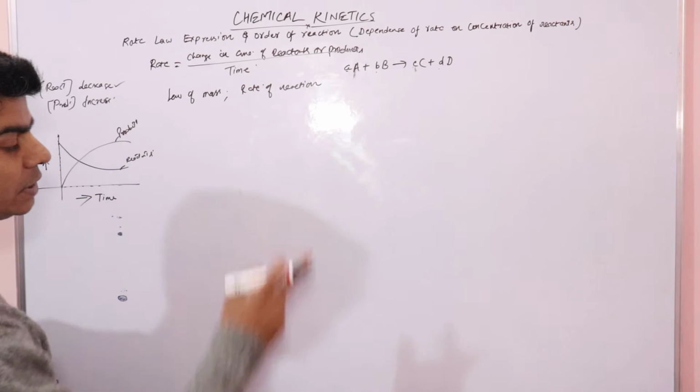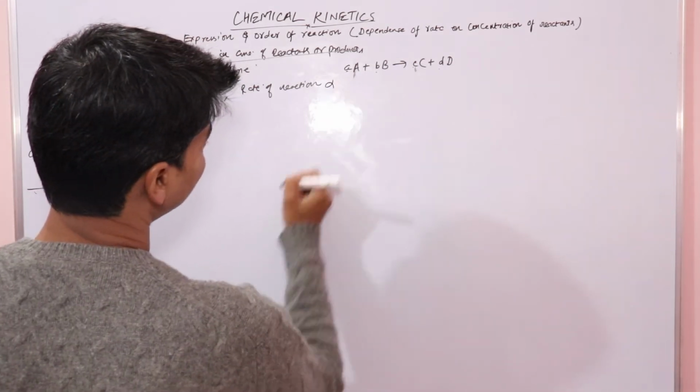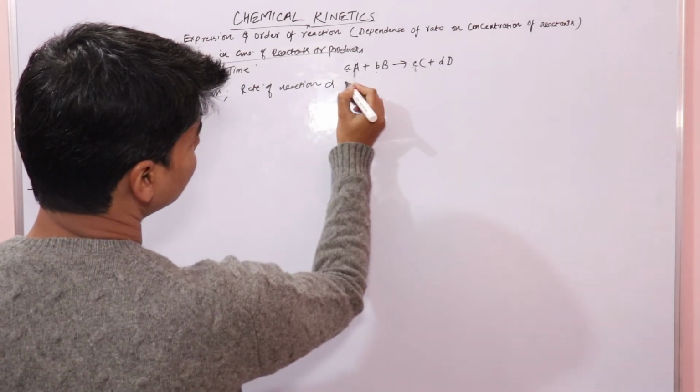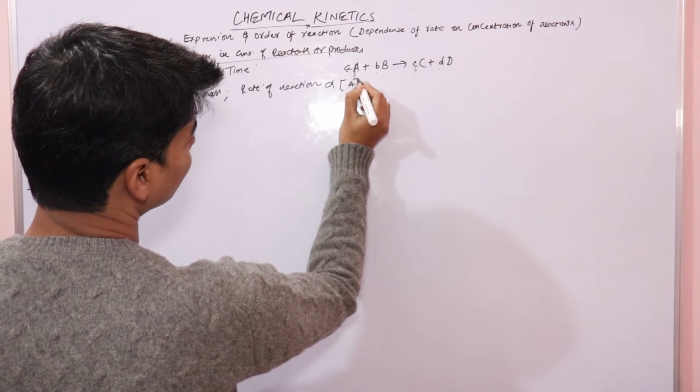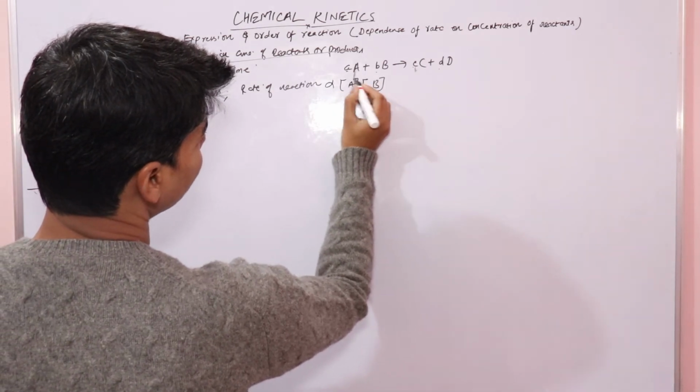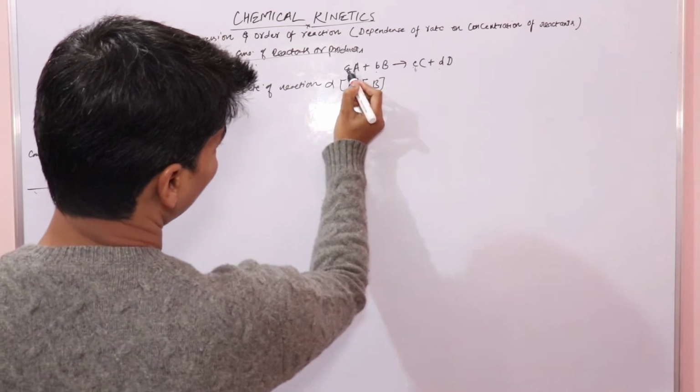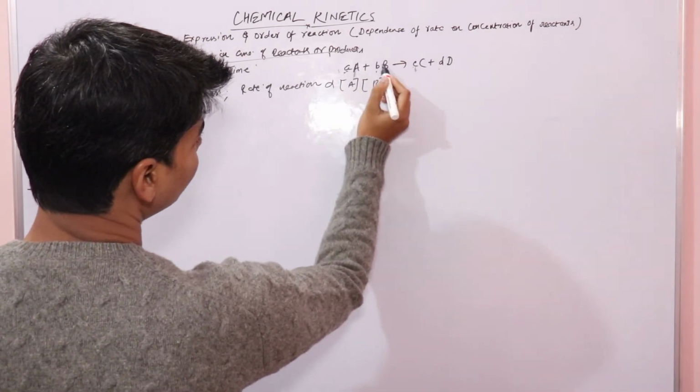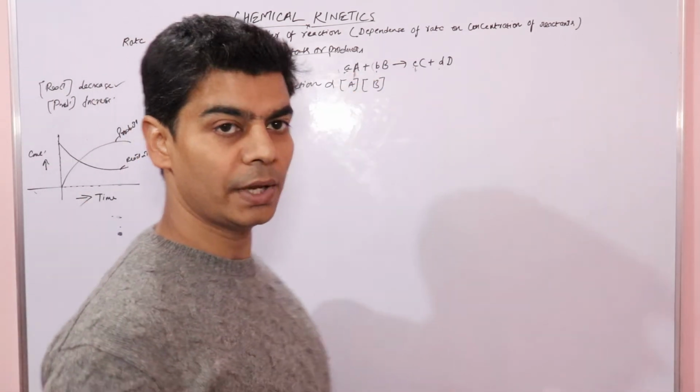So the rate of reaction as per the law of mass action is directly proportional to the product of the concentrations of reactants raised to the power of a and b.